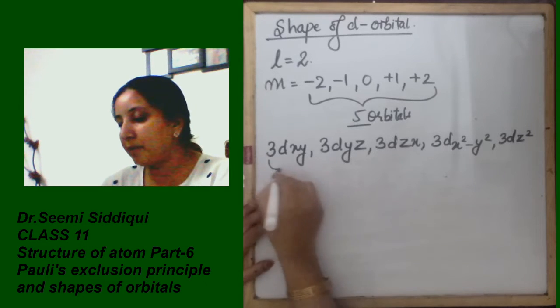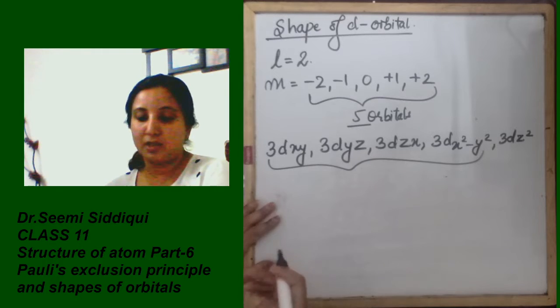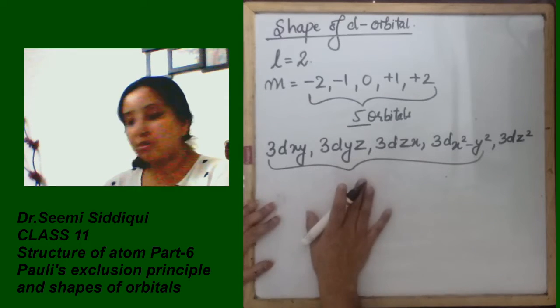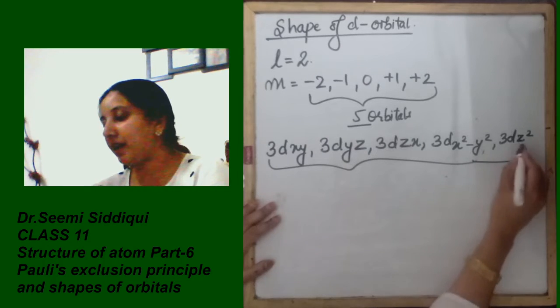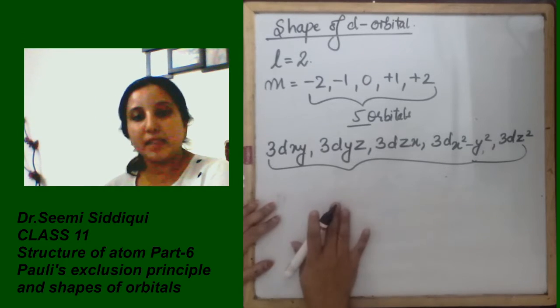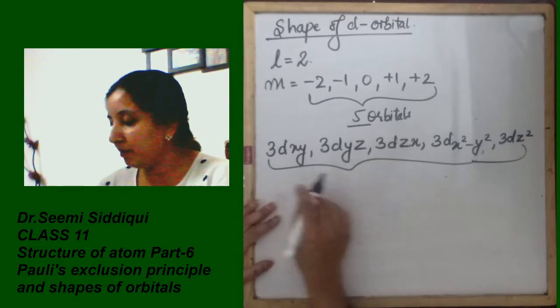These names are given on the basis of their orientations. Looking at these 5 orbitals, all of them are going to have the same energies but different orientations.